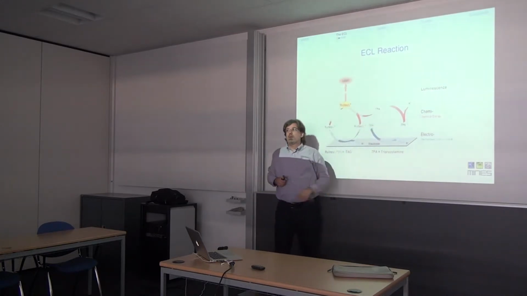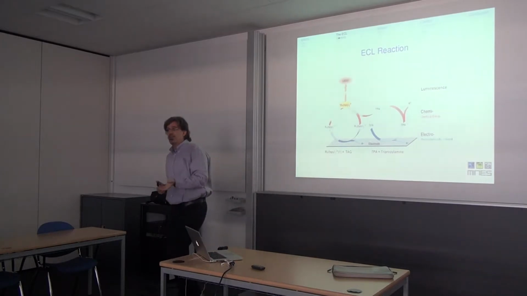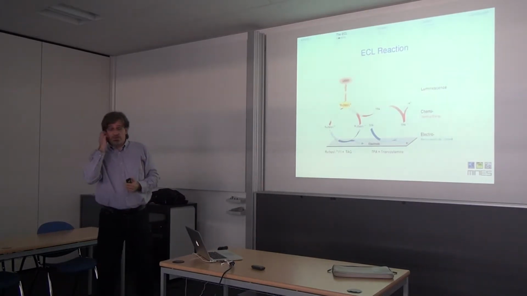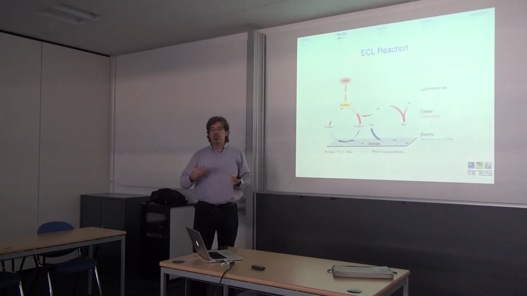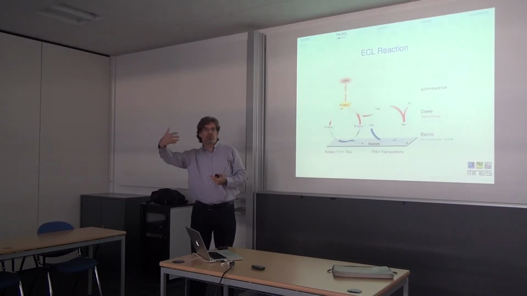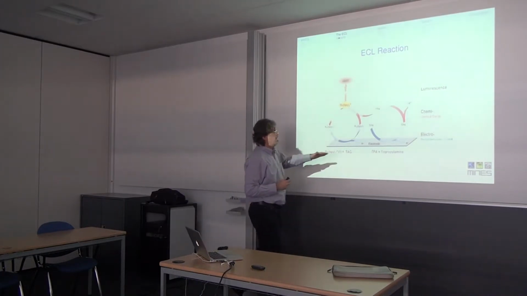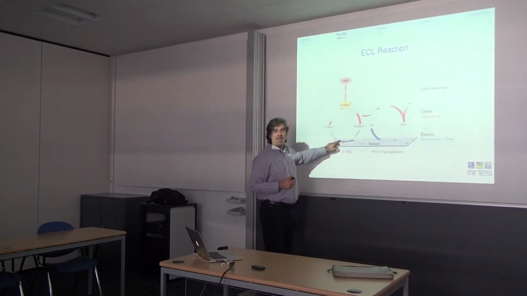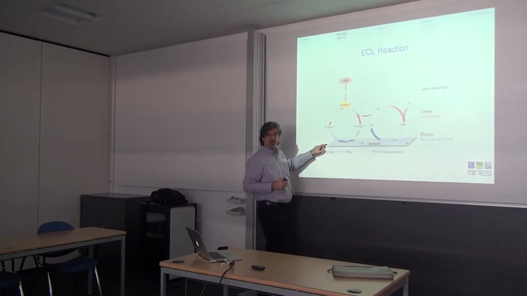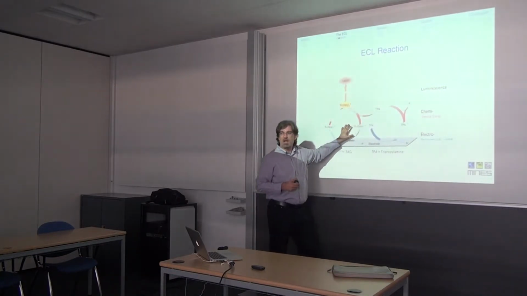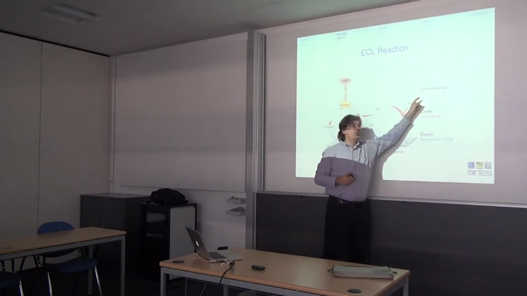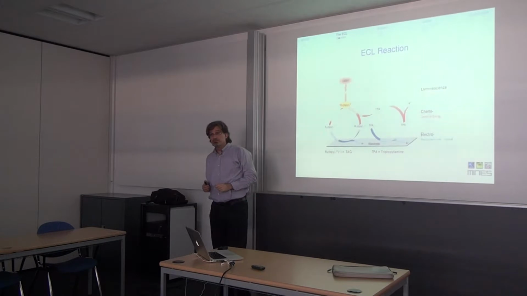The TPA is something that increases the efficiency, and so it is very useful, because I can tell you, without the TPA, of course you lose emission power, so you cannot reach interesting detection limits. But here, because I have the electronics, there is the exchange of electrons between the electrode and the molecules, the chemical energy, the chemical reaction inside the system, and then the luminescence, the emission of the light. Good?